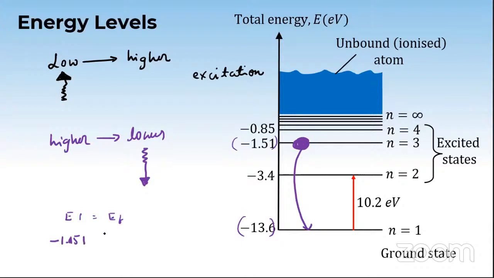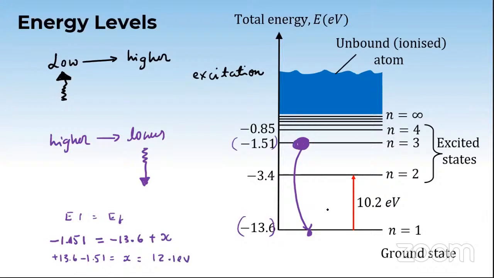Finally it comes to the first orbit, so it has an energy of minus 13.6 electron volt, and it also emits a photon of some energy x. If I send minus 13.6 to the right hand side, I get plus 13.6 minus 1.5 equal to x, which is approximately 12.1 electron volt.